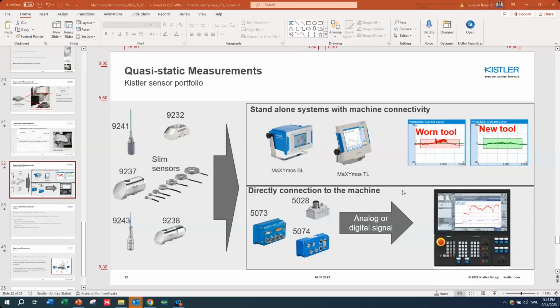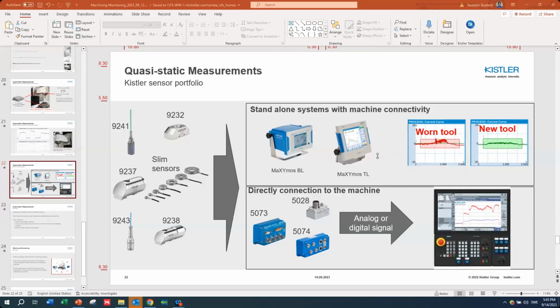Correct. And high sample rates, yes, it depends what kind of electronics you are using. The only limitation of the Maximus system is that we have 8,000 measurement points. So Maximus, as of today, is limited to small, short-cycle machining if you would like to use a high sampling rate.